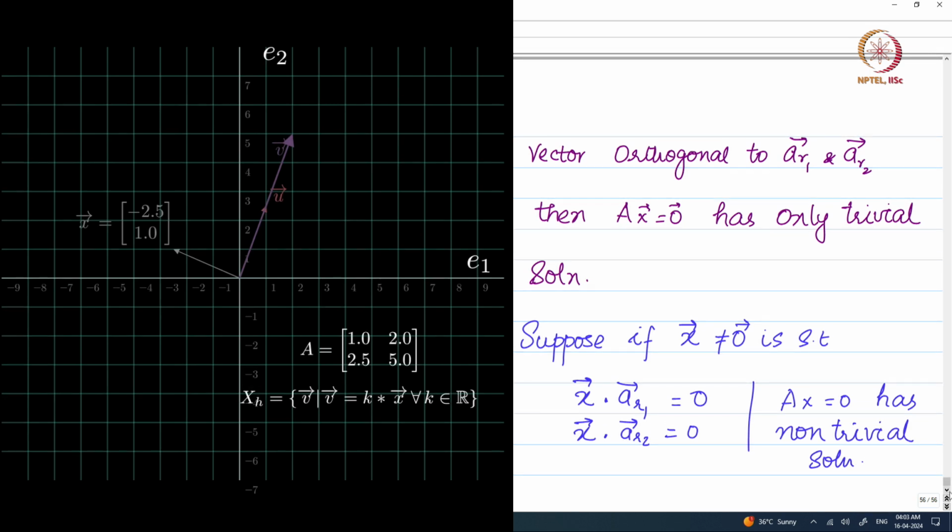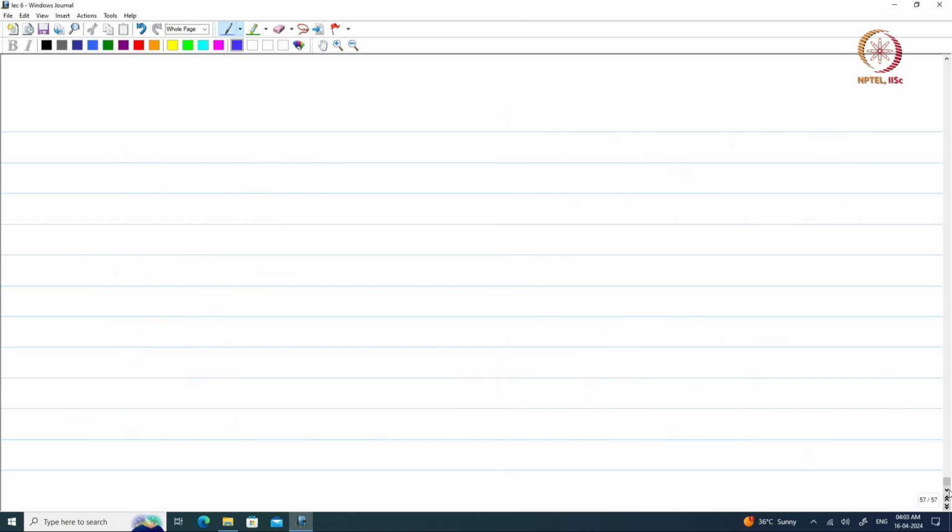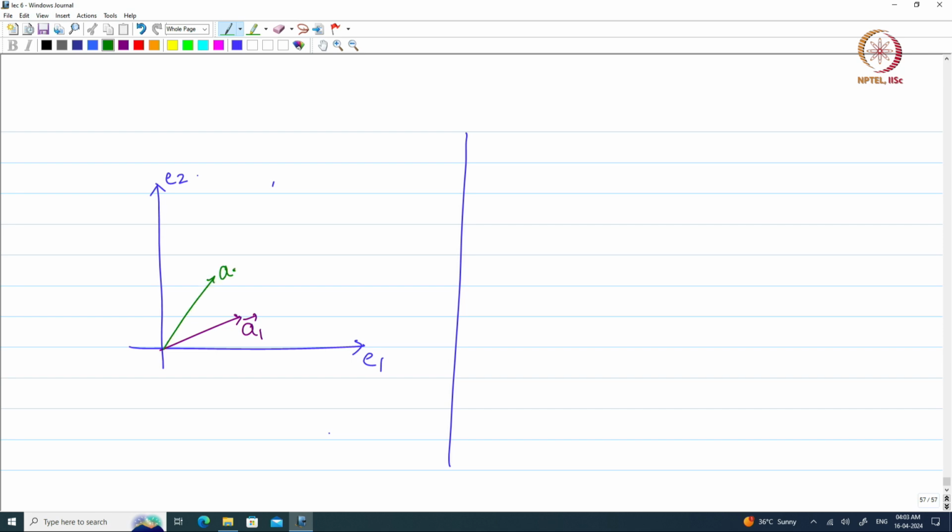So how does this look geometrically? We will look at that. Let me draw E1 and E2. Suppose I have this vector, let us say A1, and this vector A2.